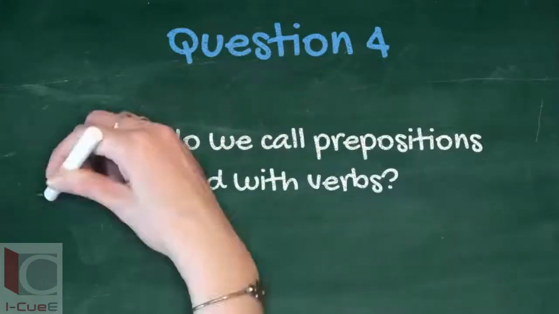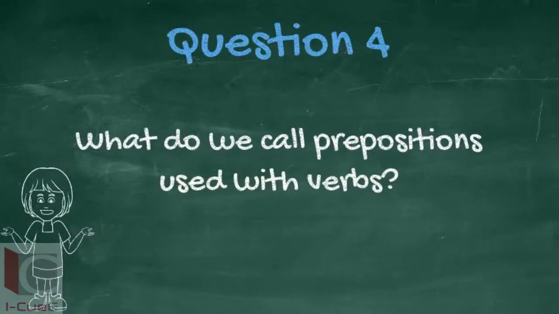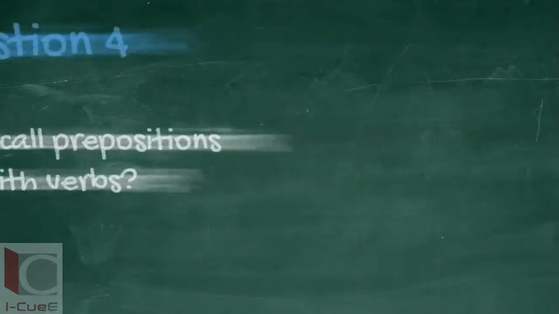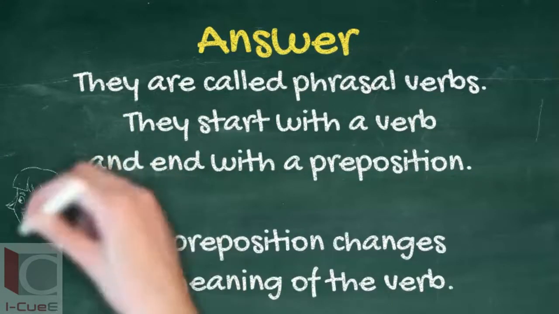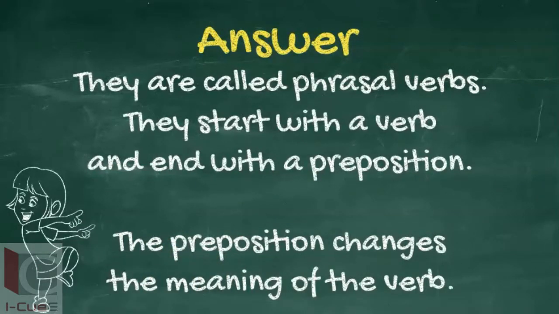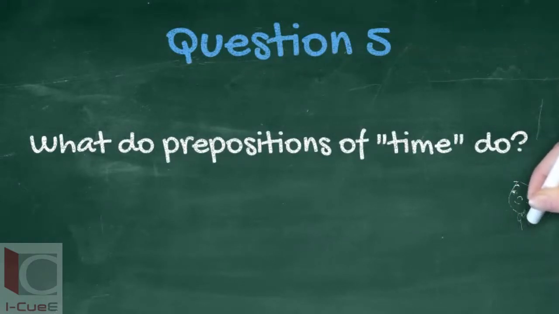What do we call prepositions used with verbs? They are called phrasal verbs. They start with a verb and end with a preposition. The preposition changes the meaning of the verb. What do prepositions of time do?